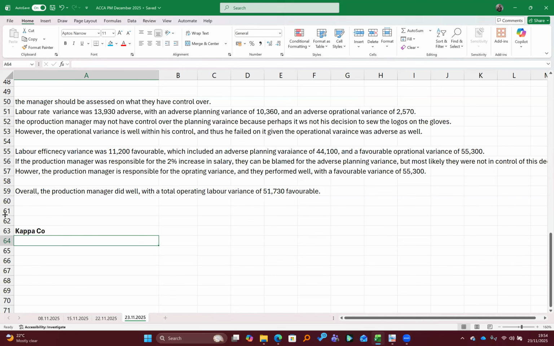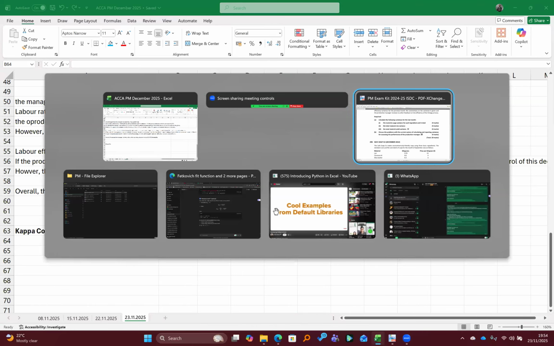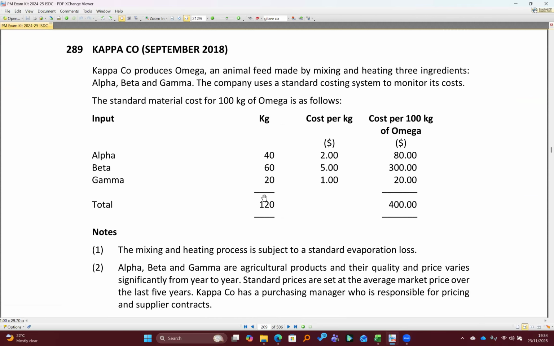So if you look at here, this is what we should be using.